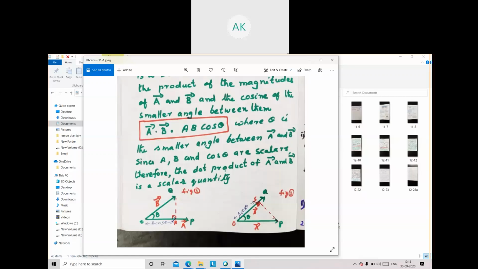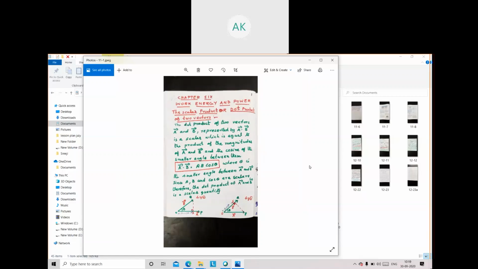From P you have drawn a perpendicular to vector B. And this component, up to OS, is the component of vector A in the direction of vector B. So we can also explain it that way: magnitude of vector B into component of vector A in the direction of B. Component of vector A in the direction of vector B is A cos theta, so B A cos theta. So that is the geometrical interpretation of the dot product of the vectors.